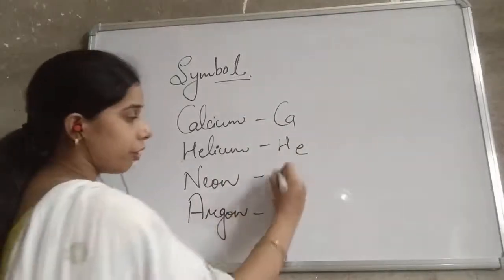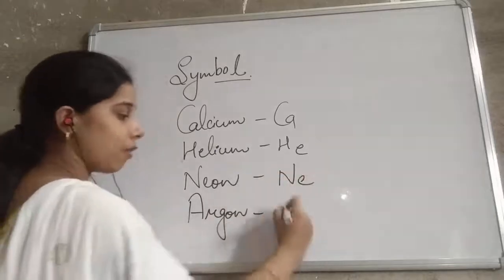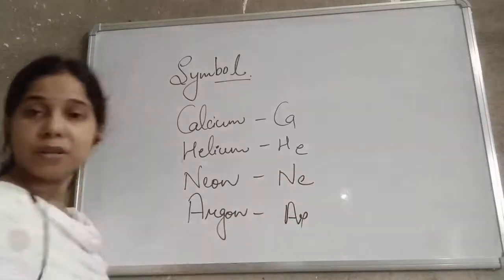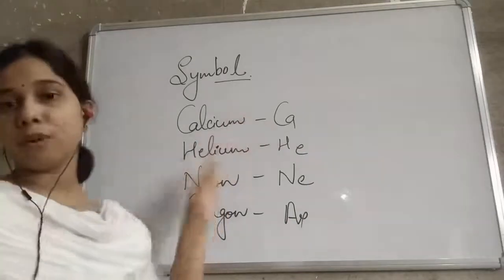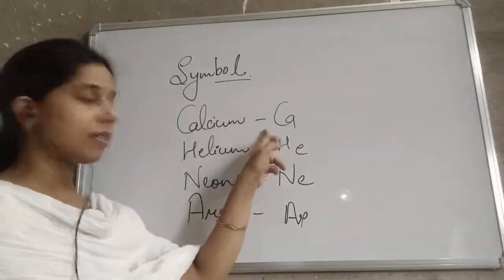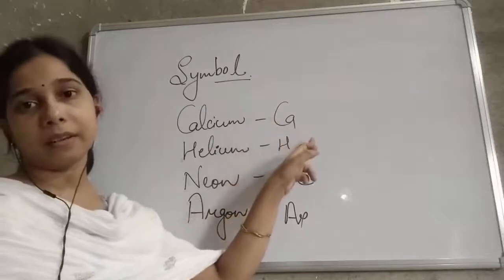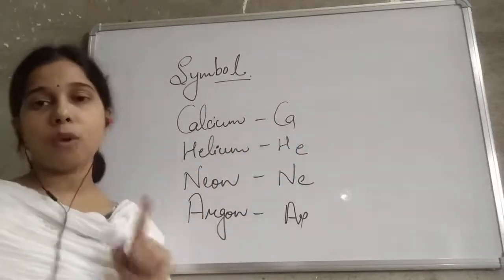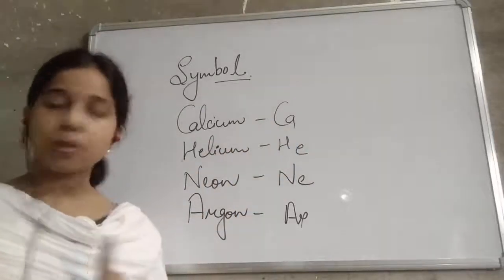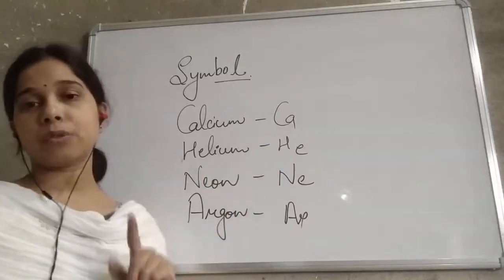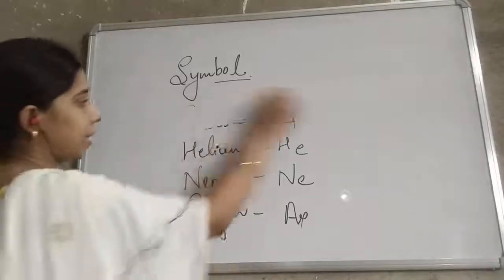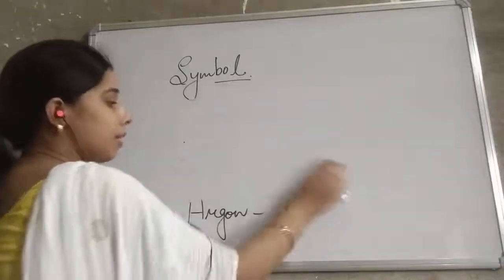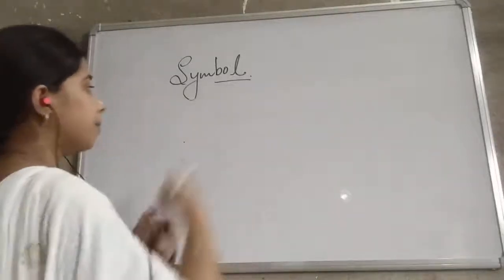The symbol of neon is Ne, and that of argon is Ar. So here, for representing the symbols of these elements, we take the first letter as well as the second letter. The first letter we always write as a capital letter, and the second letter we always write as a small letter.